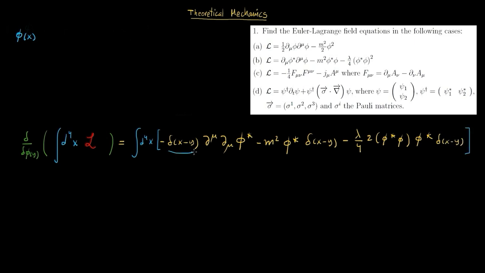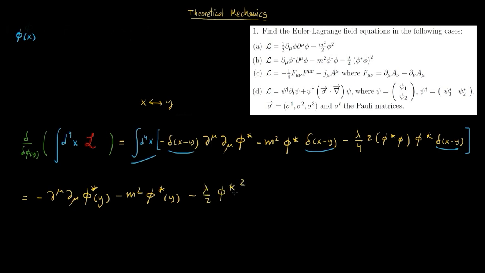And then these deltas cancel out this integral and change x for y. So finally we have minus partial mu phi star of y minus m squared phi star of y minus lambda over 2 phi star square of y phi of y. And then make this thing equal to 0.